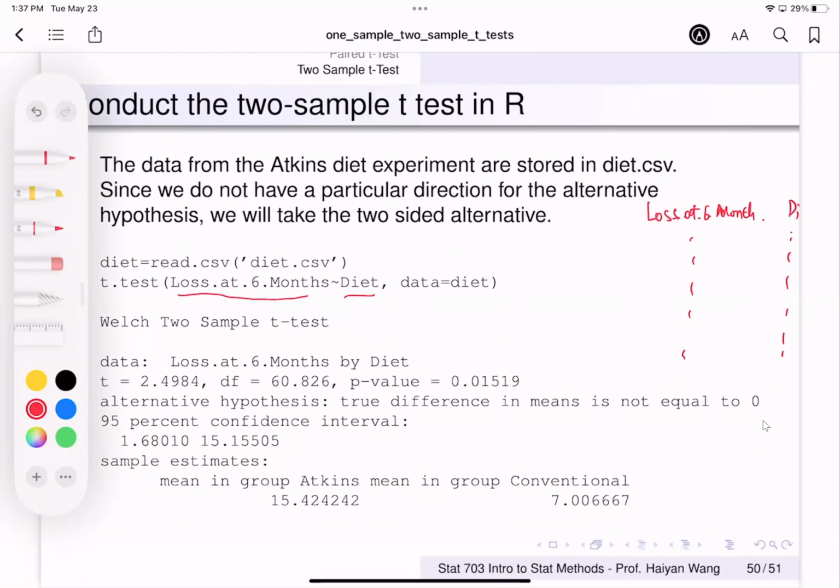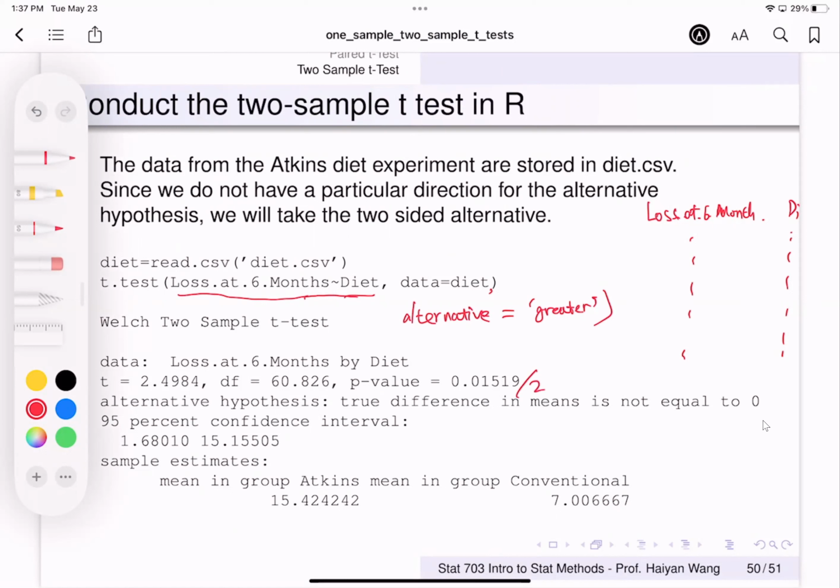And here we just put a formula and put the diet on the right-hand side. And then this t.test is missing the alternative. I should put alternative equals greater. And once I put in the correct alternative, I should get the correct p-value, which should be half of this one.